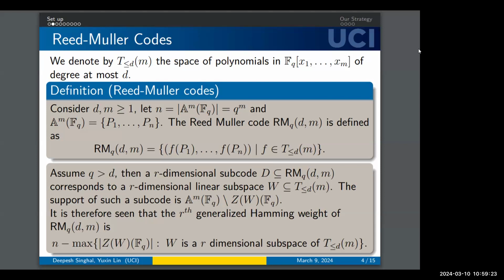And so the support is the complement of the zero set of W. The rth generalized Hamming weight was the smallest support, so that corresponds to the largest zero set. It corresponds to the zero set with the most F_q-rational points among all the r-dimensional subspaces of these polynomials.